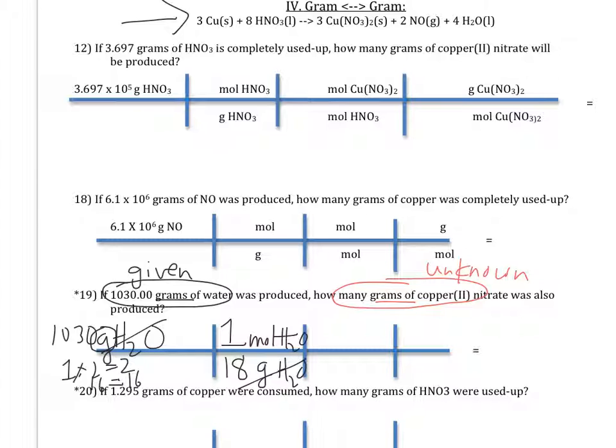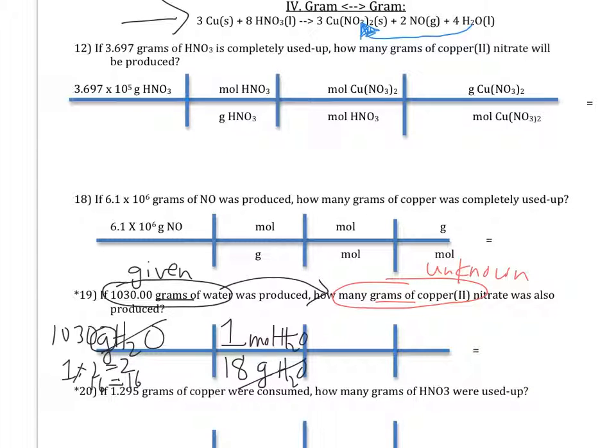Now I have moles of water, but I need to get to copper nitrate. So I'm going to look back at the balanced equation at the top. I'm relating water to copper nitrate, not copper. To relate one substance to another, I need to use the balanced equation, but the balanced equation only relates moles, so I need to look at the coefficients.